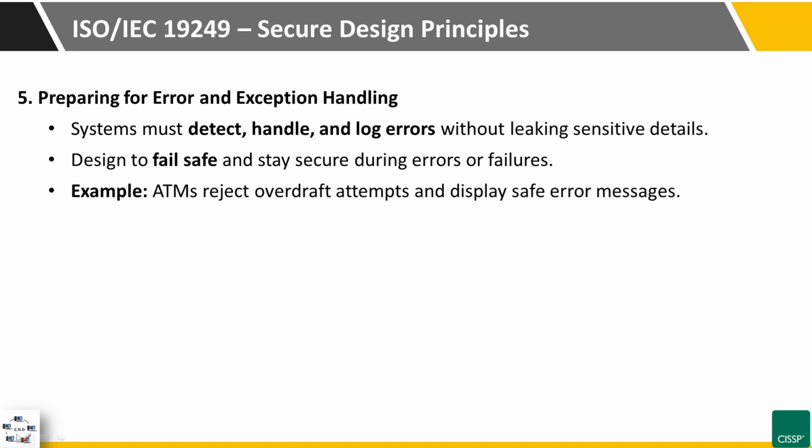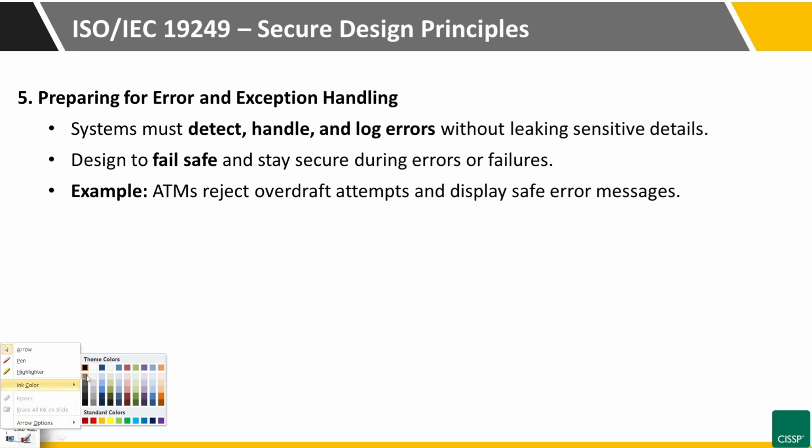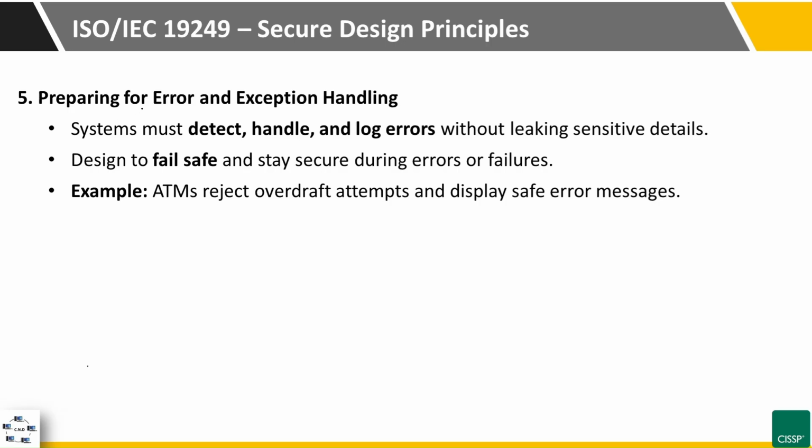And number 5 is prepare for error and exception handling. Systems must detect, handle, and log errors without leaking sensitive details. So when there is some error inside the system, we can see an error message.